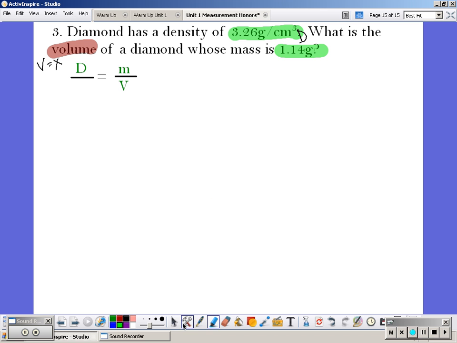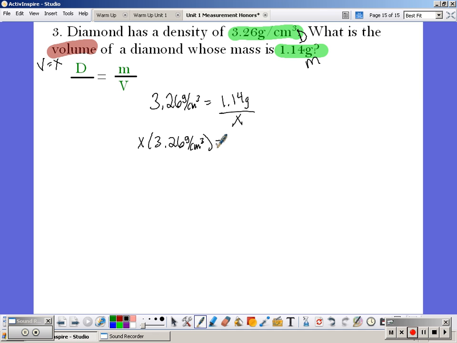So grams is mass, so this is my M. So if I plug my numbers in, 3.26 grams per centimeters cubed equals 1.14 grams divided by X. Multiply both sides by X. Divide by 3.26 to get X by itself. Or cross multiply and solve for X.